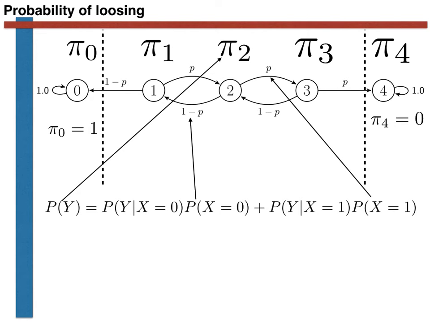The only thing that will affect what happens in the future is the amount of money that he has left. Consequently, if he loses the first game, he now has £1 only. The probability of Y given X equals 0 is thus equal to π1. If, by contrast, he wins the first game, he now has £3, and the probability of Y given X equals 1 is equal to π3.